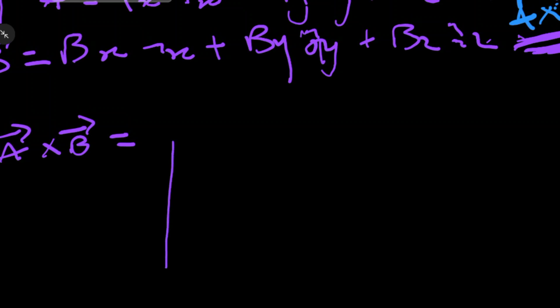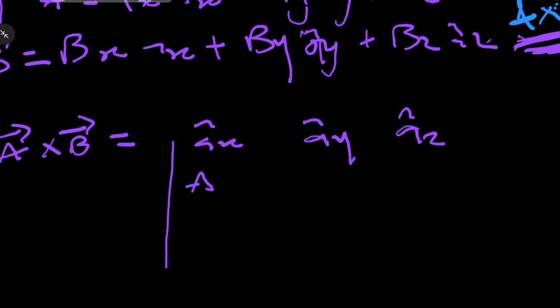So forming our three by three grid, we first of all put our unit vectors on top, right?